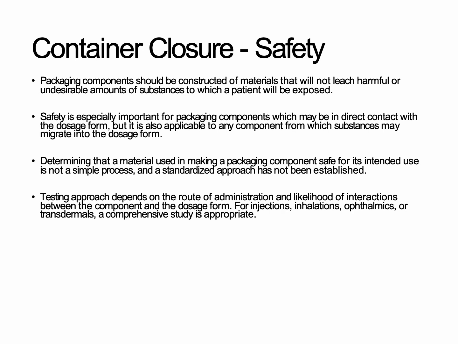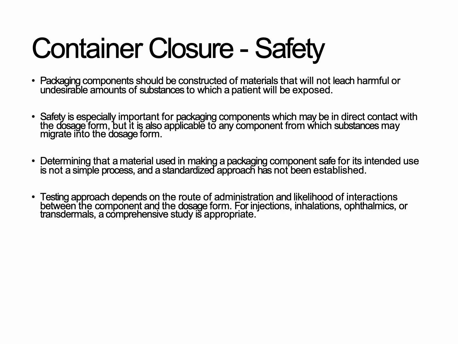Now, safety is especially important for packaging components which may be in direct contact with the dosage form, but it is also applicable to any component from which substances may migrate into the dosage form.